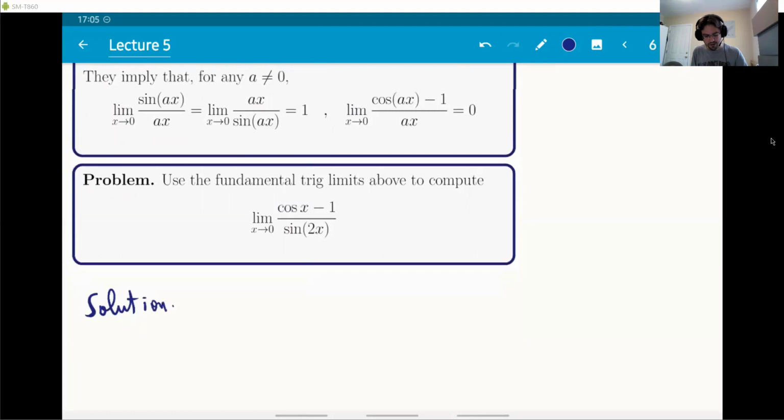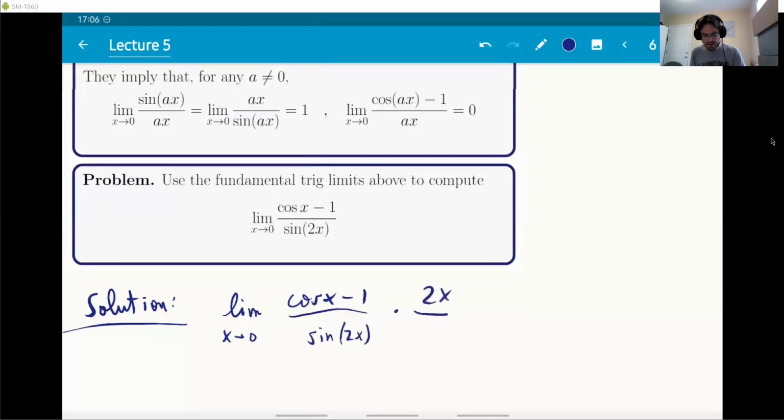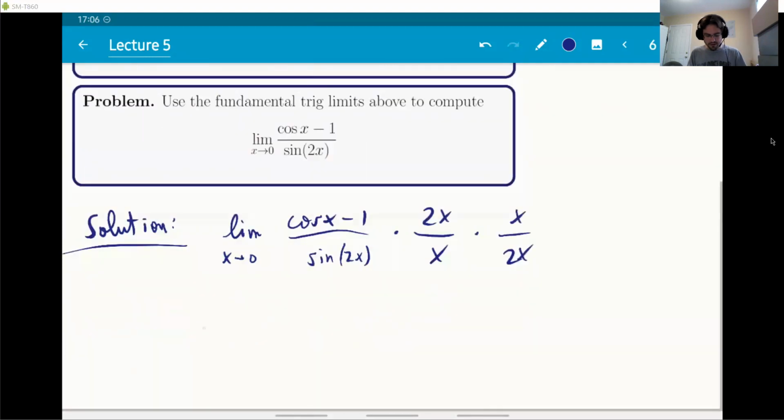You introduce them yourself, but you make sure to actually not change the expression. So like we would like to have a 2x above and also an x below. We can do that provided we also cancel that. So we have not changed the expression right here. But I'm going now to rearrange it.